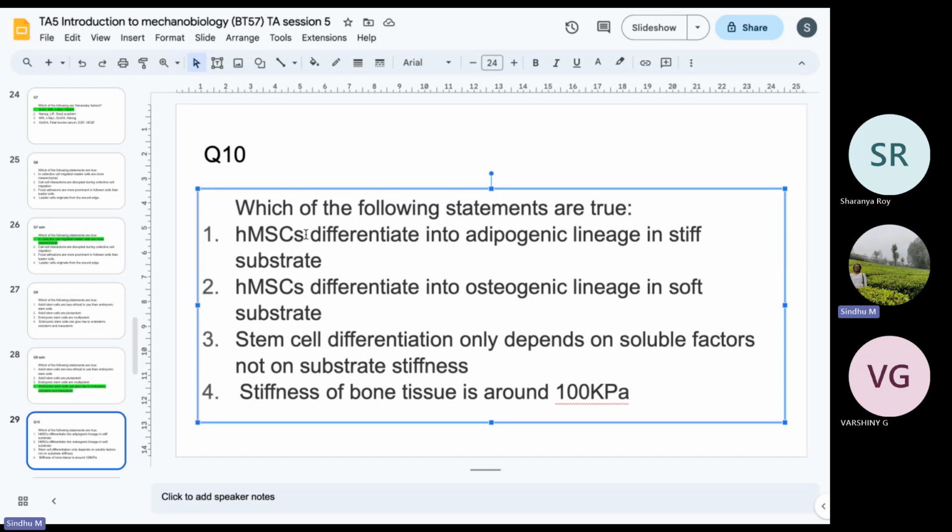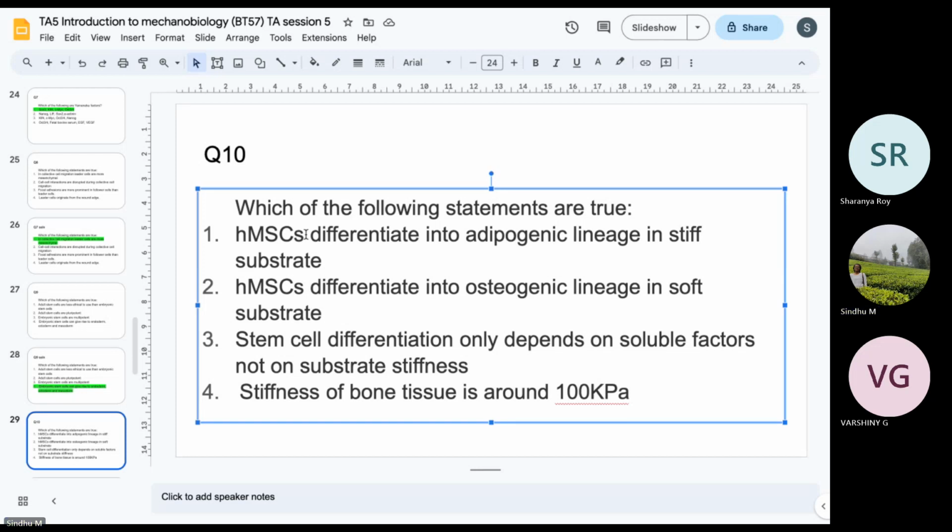Because if you look at our body, the bone tissue is much stiffer. So if you make the cells grow in an external environment which mimics the bone stiffness, the stem cells are more likely to become bone cells.